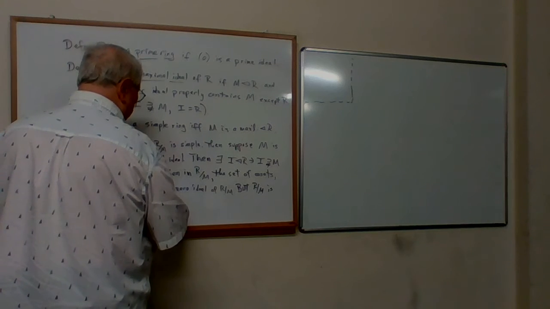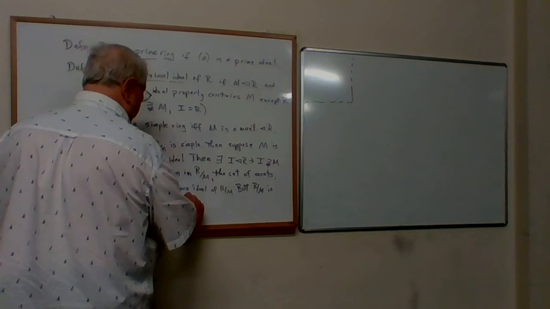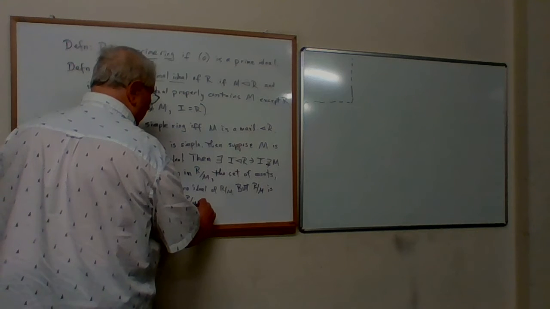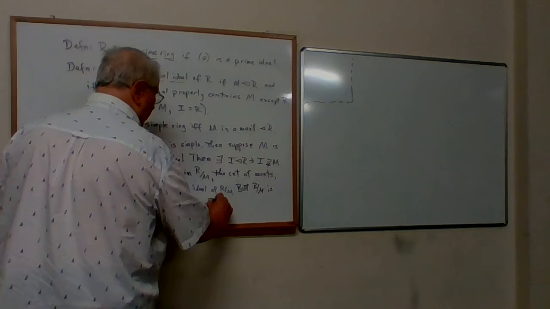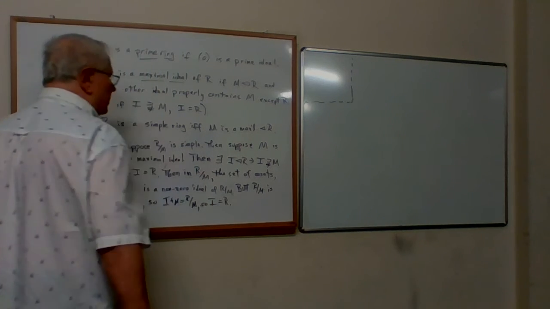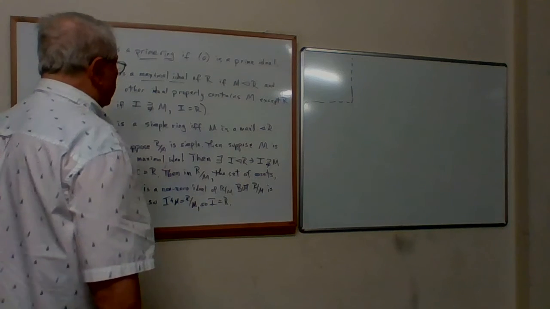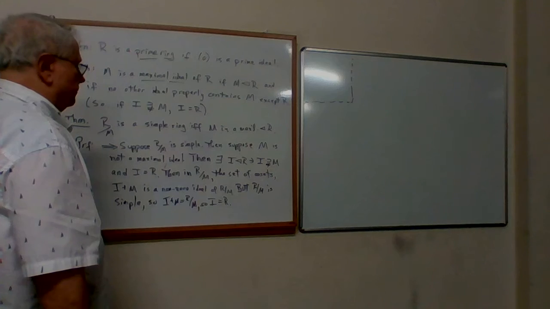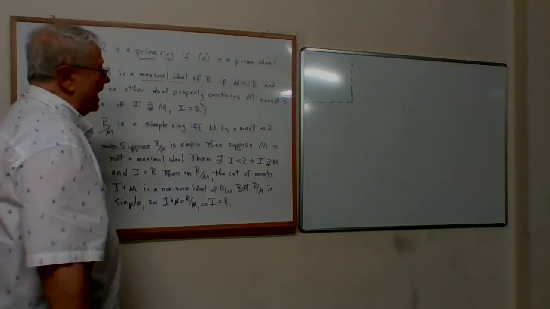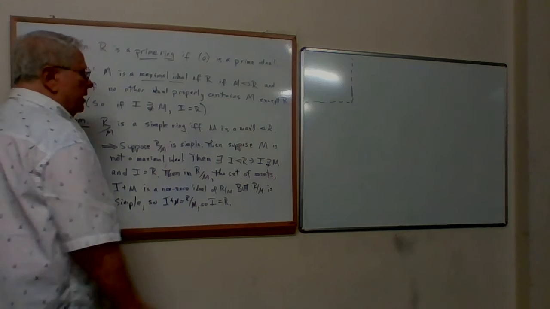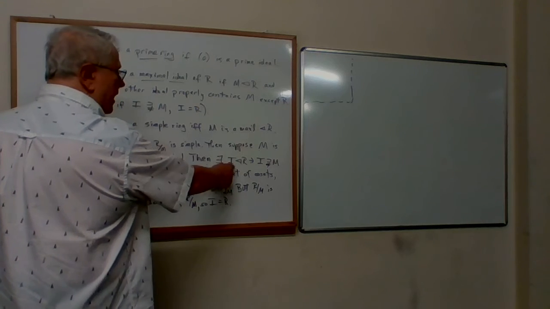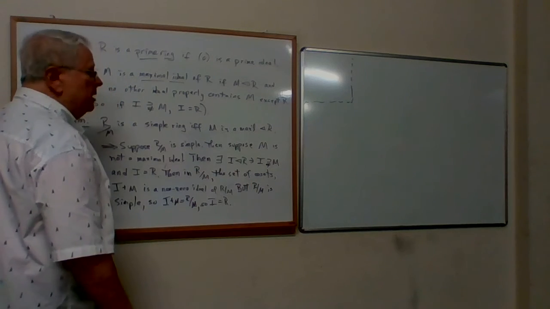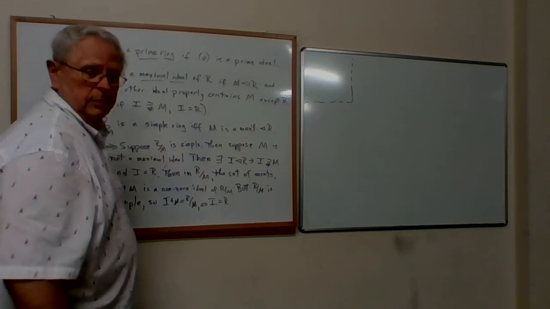So I plus M equals R mod M, so I equals R. All right, so we have now shown that M is a maximal ideal. Actually, I didn't do it by contradiction. I just showed if I have an ideal that properly contains M, then the ideal is R.